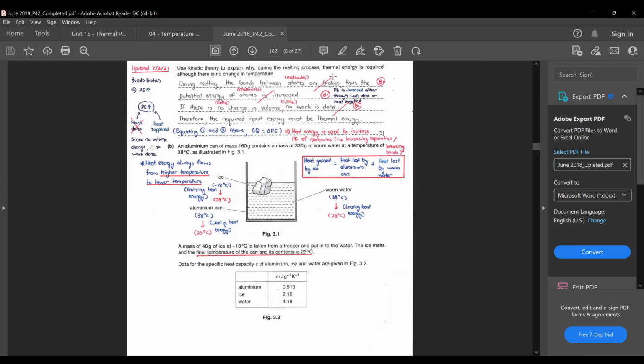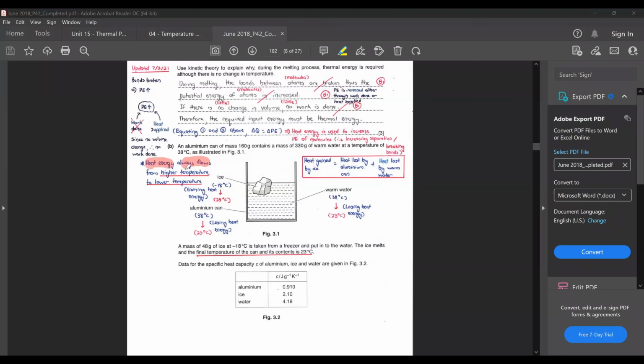Now, one thing that you need to understand first is this. When it comes to heat energy, it always flows from higher temperature to lower temperature. Okay, this is a known fact. Heat will always flow from any object with higher temperature to a lower temperature.